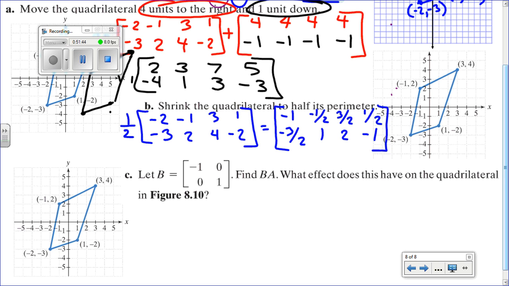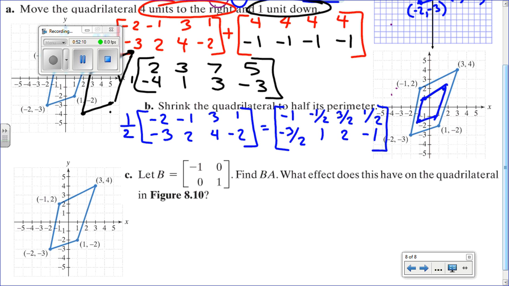So -1, -3 halves is here, -1/2 and 1 is here. 3 halves, that's 1.5 for the x, and for the y, we get 2. And the last one, 1/2, -1. And that is the perimeter shrunk by half.